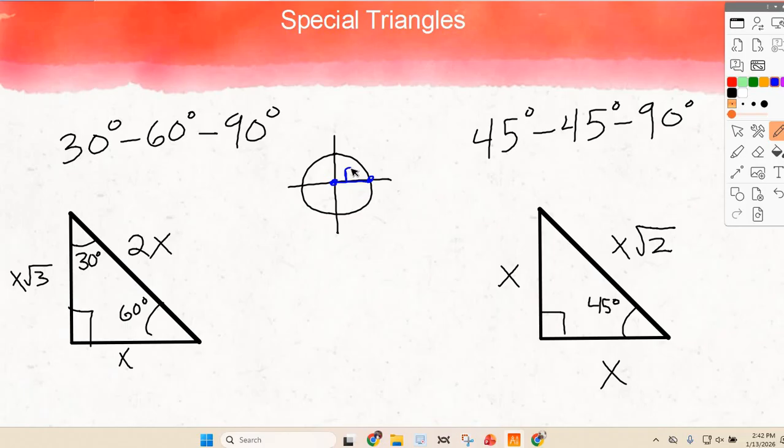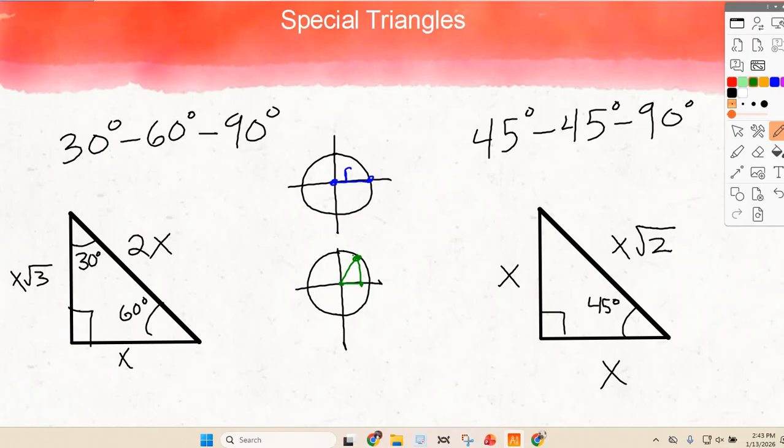We're going to do the same thing here. We're going to be building these different triangles around our circle. Yes, no, maybe. But again, we want to make our lives easier.